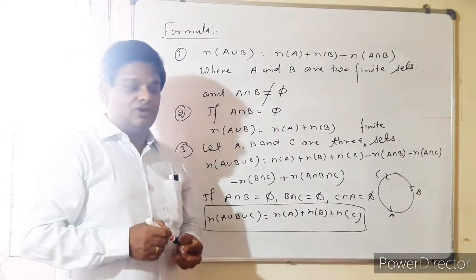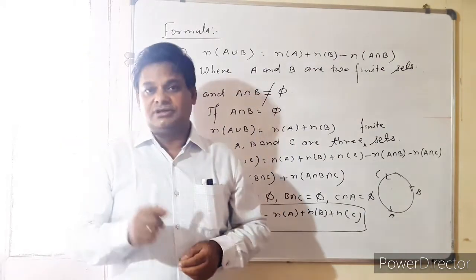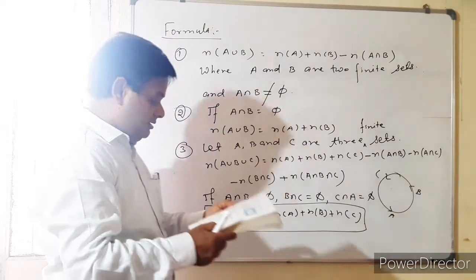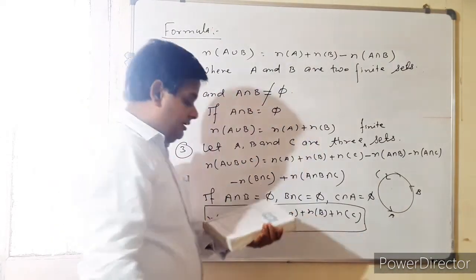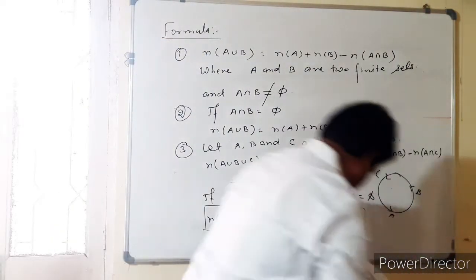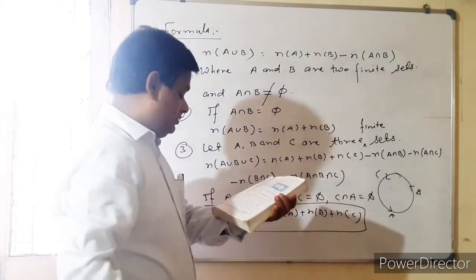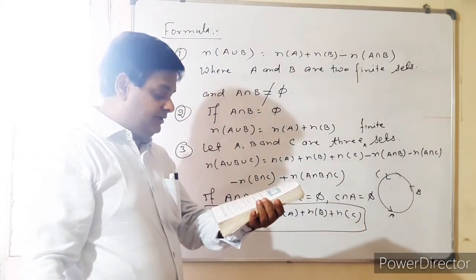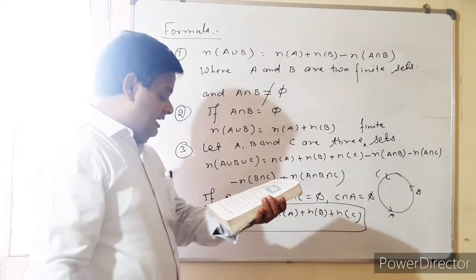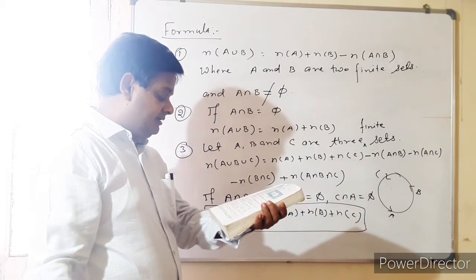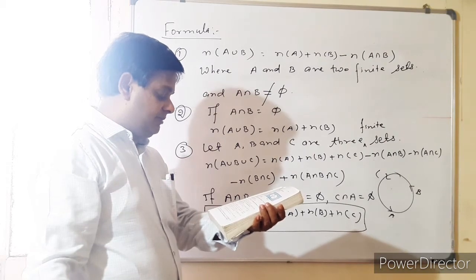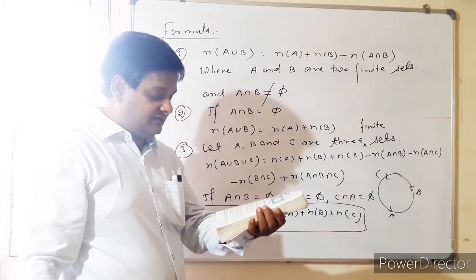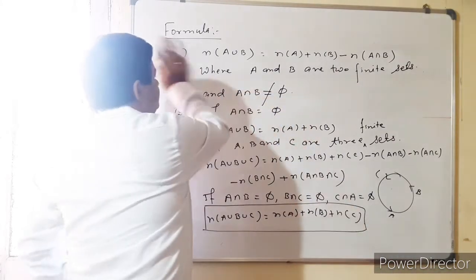Now I am going to solve an NCERT question from your book. So the question is, if X and Y are two sets such that X union Y has 50 elements, X has 28 elements and Y has 32 elements, how many elements does X intersection Y have?